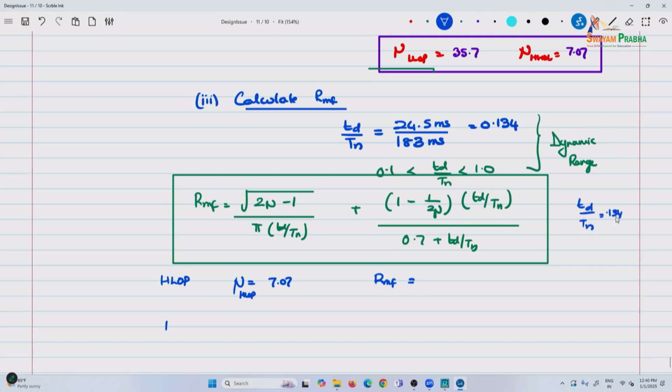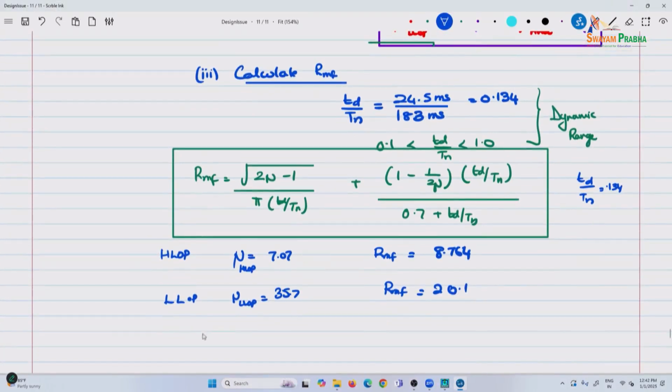Okay, I think you have all the values. And for the low level of protection, in each case the P required is P naught by RMF.